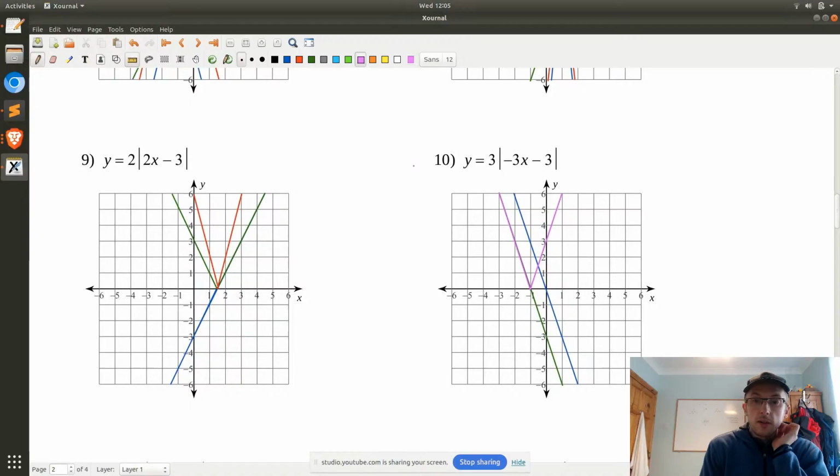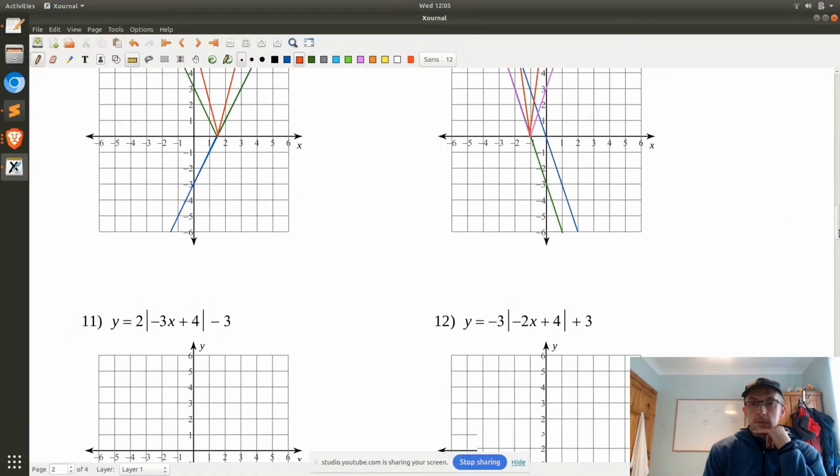And then multiply all of that by 3. So like squeeze it and scale it. Okay. And there, like that. That's problem 10, I believe.